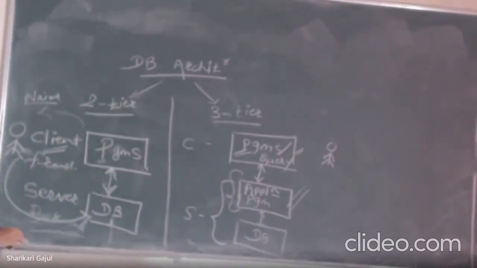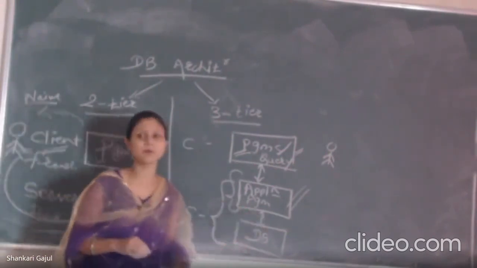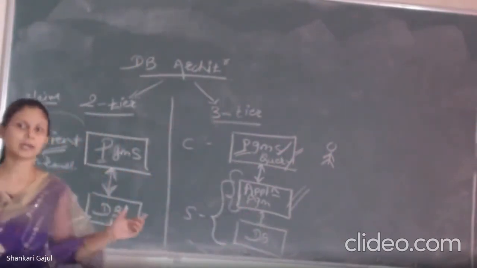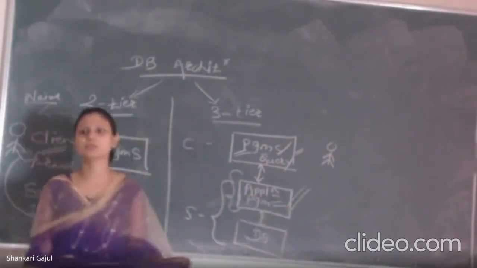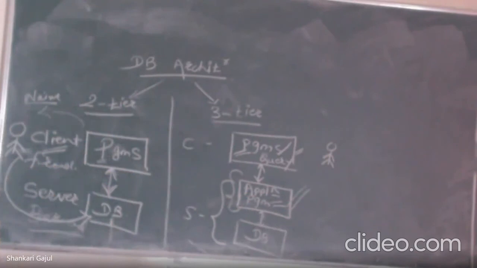So this is the two-tier and the three-tier. For interacting, it uses the application program which is already written by the particular program. Okay. So this is the database architecture, two-tier and three-tier.